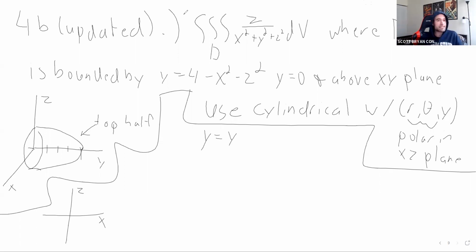So in that case, in the XZ plane, now x is going to be the horizontal variable like it was before, but z is going to be the vertical variable. So x, the horizontal variable, is going to be r cos theta. And z, the vertical variable, is going to be r sine theta.